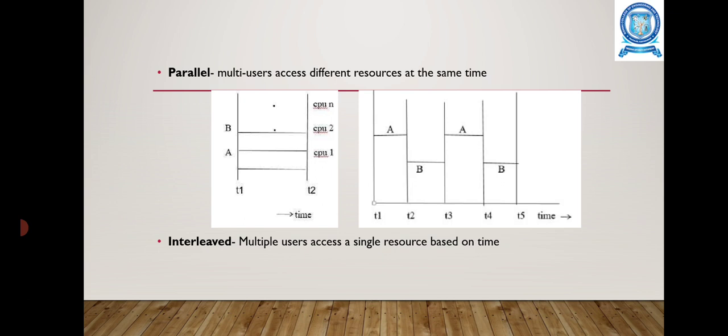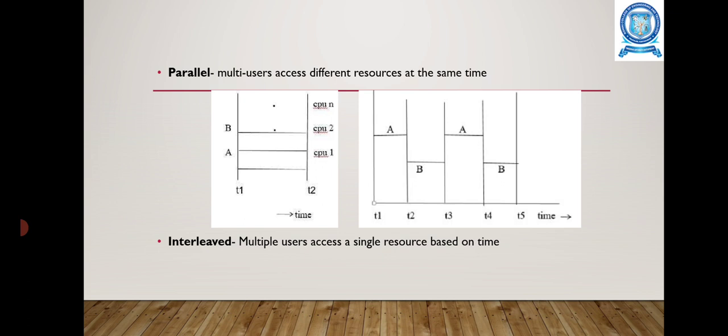Next one is interleaved. Interleaved means multiple users access a single resource based on time. This second diagram is the diagram for interleaved. At the time T1, the particular transaction A performs.